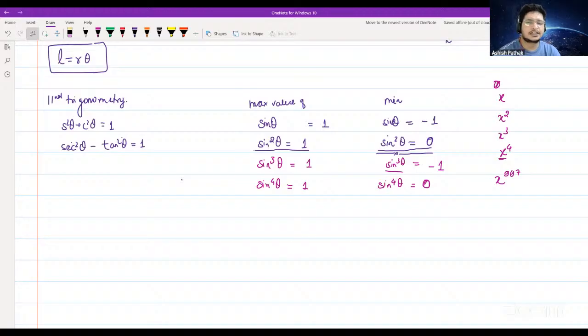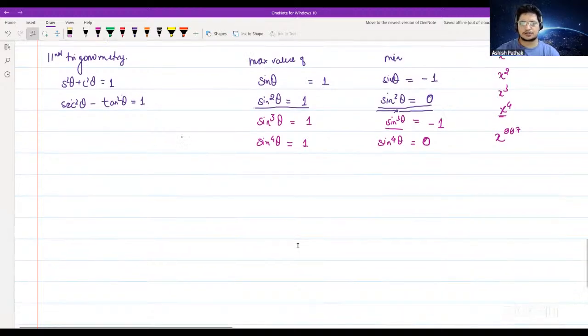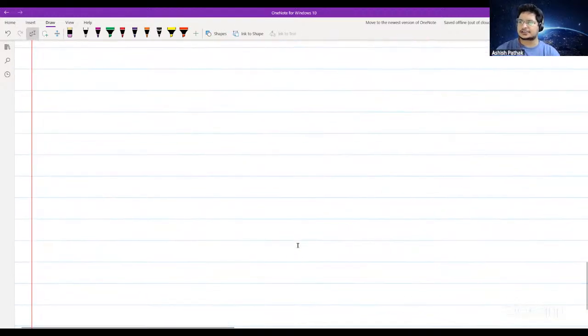I will give you the first question. I want you to solve the first question and tell me the answer. Do you know all this, that sine theta will be positive in the first quadrant? If you know all these things, then do this question.